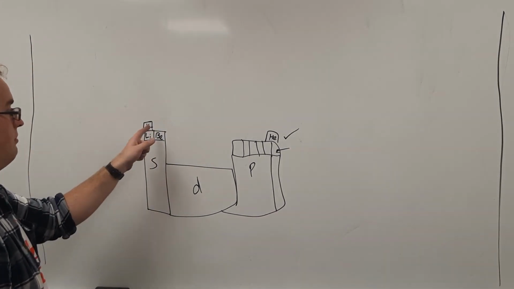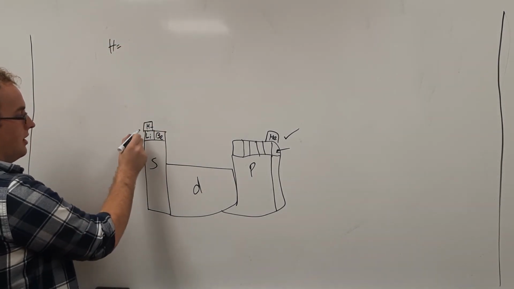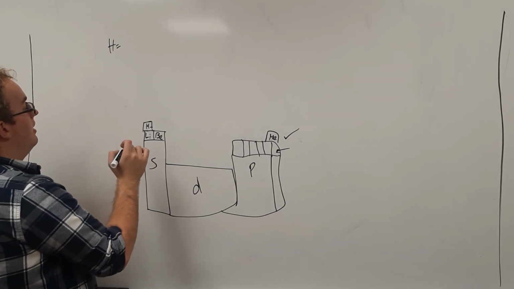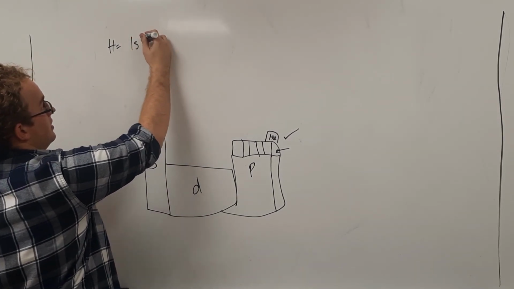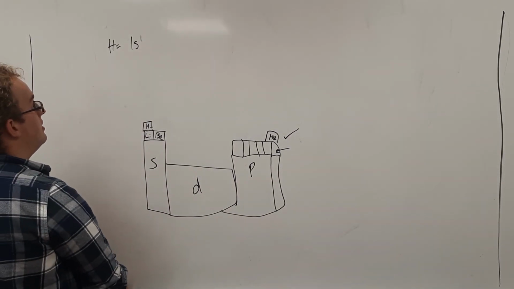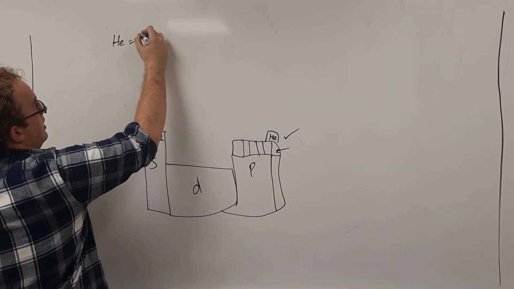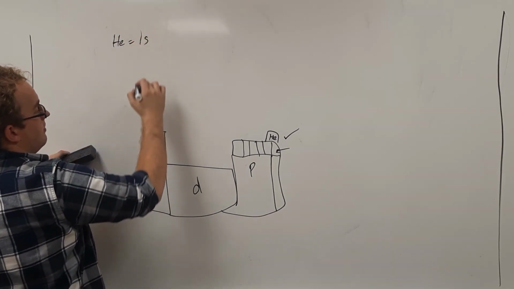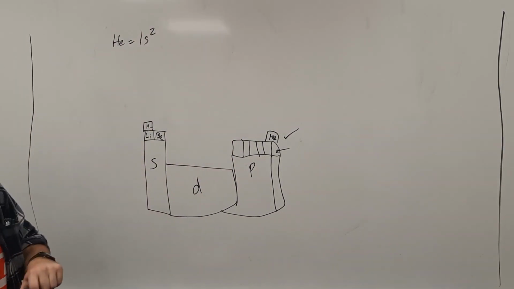So again, if I was to represent hydrogen, then I just think, okay, we start at the 1s orbital, and we only have one electron, so that's 1s, and then I'd put a 1 here to show we have one electron in it. If I was representing helium, I would say helium equals, we start at the 1s energy level, we have 1, 2, and then we're done, we're out of electrons, we stop there.